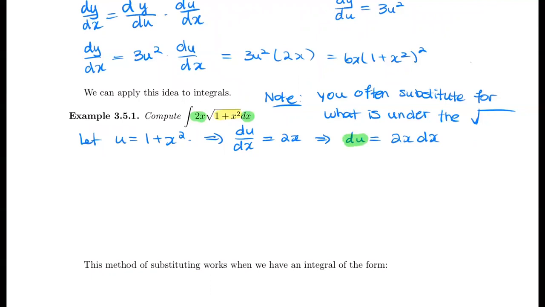So let's go ahead and put this all together. So 1 plus x squared is here, and then we have the 2x dx. So this entire thing inside the square root is going to be u, and everything here is going to be du. So what we see is that we have a root u du.